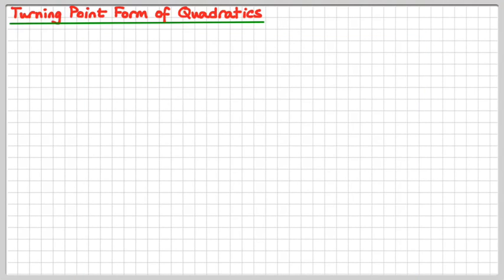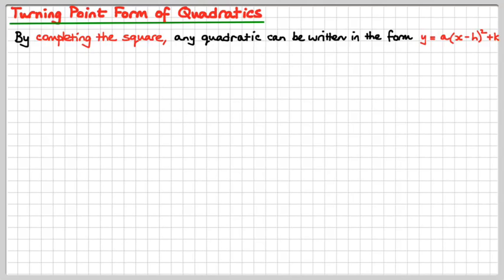Right, what about turning point form of quadratics? Okay, now this is an extremely important area. This is when you take a quadratic and you complete the square. When you have completed the square, and it's in what you call turning point form, it tells you where the turning point or the vertex of the graph is.